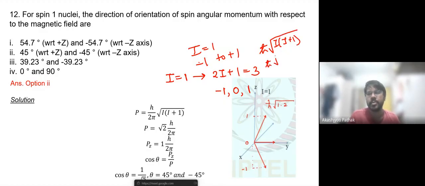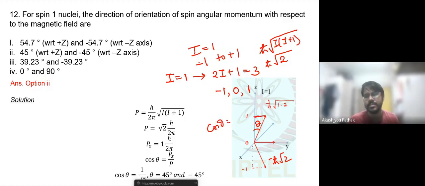So it will be h bar root over 1 into 1 plus 1, which is 2. So here you will have h bar root 2, and this will have a value of minus h bar root 2. If you want to calculate theta, what will be cos theta? Cos theta is base by hypotenuse, right?